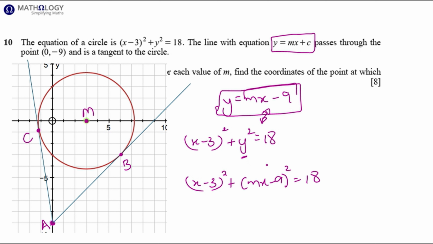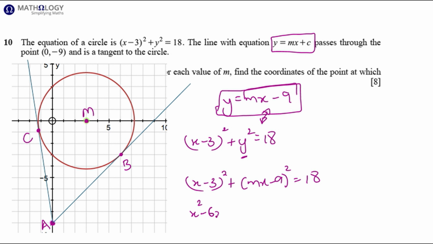We're now going to expand this out and get a quadratic equation from which we're going to determine the discriminant. The reason we're going to find the discriminant is that the straight line is a tangent to the circle. That means there's one point of intersection, which means that the value of the discriminant will be 0. So that's where we're going to start.